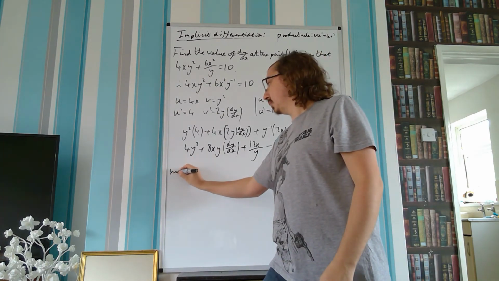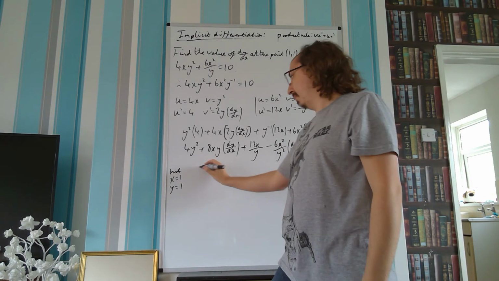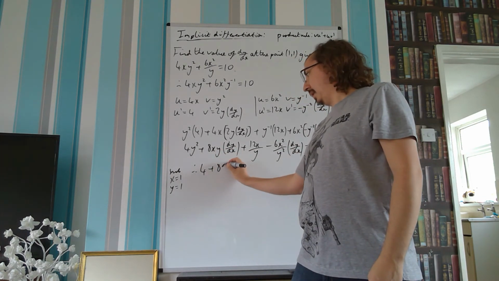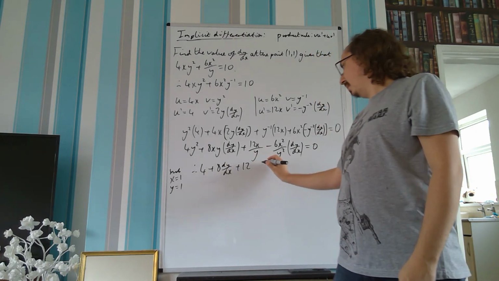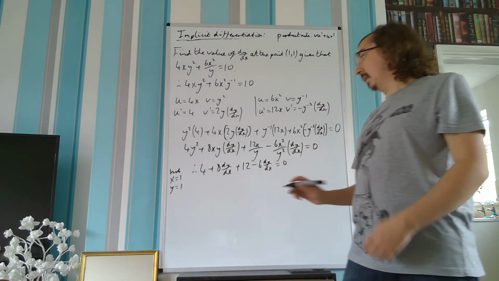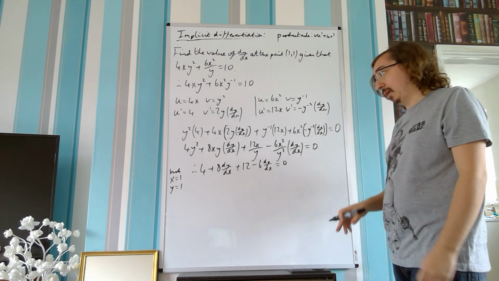If we sub x equals 1 and y equals 1, we have 4 plus 8 dy by dx plus 12 minus 6 dy by dx is equal to 0.